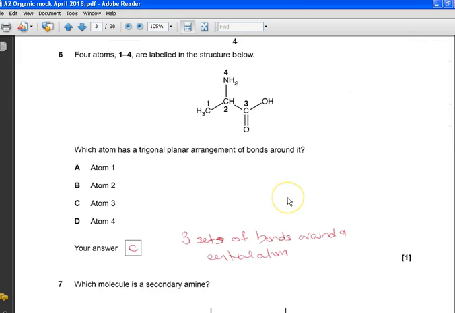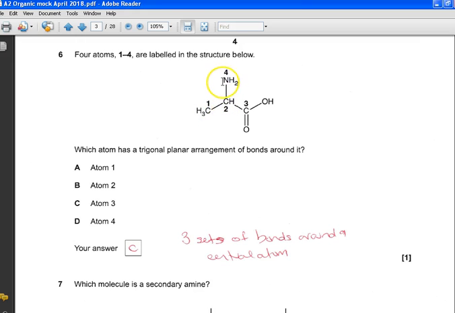Okay, shapes, again, this is going back to AS, isn't it? Shapes around molecules. So trigonal planar arrangement. Here we've got 1, 2, 3. Don't forget that double bonds and triple bonds are counted as one bond when we're looking at shapes. So carbon number 3 shows the trigonal planar arrangement. These are obviously tetrahedral, these carbons.